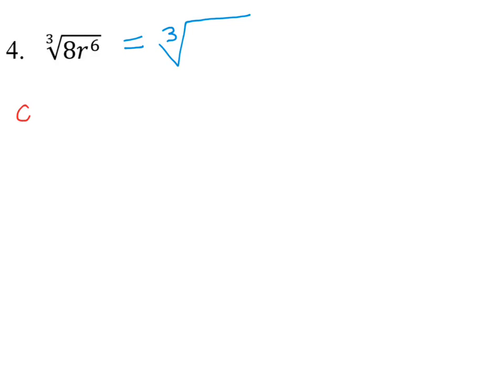I know that 8 is equal to 2 to the 3, because 2 times 2 is 4, times 2 is 8. So 8 is equal to 2 cubed. This is 2 cubed times r to the 6. Once I have rewritten the number as the power of a prime number, I'm going to go ahead and rewrite this as an exponent.